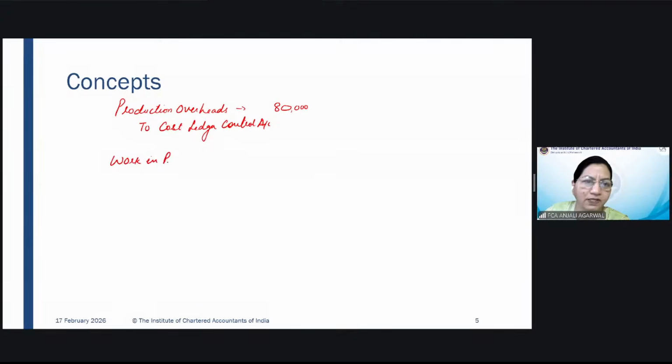So work in progress will bear the cost of production overheads. So work in progress control account debit and to production overheads.